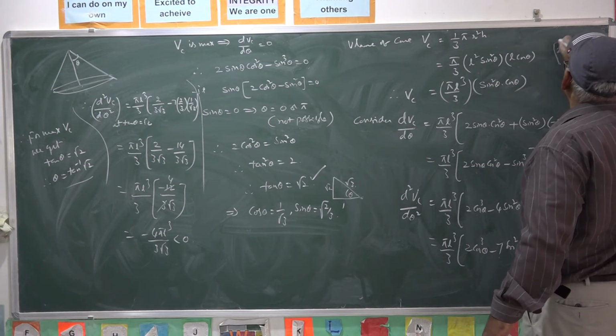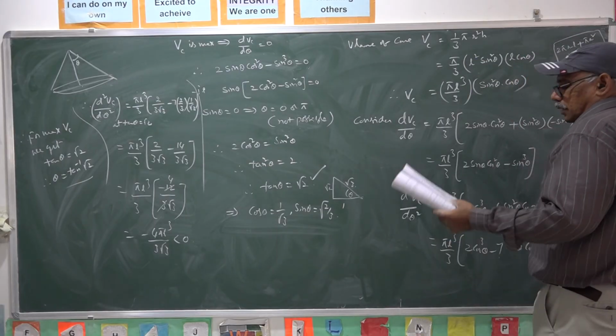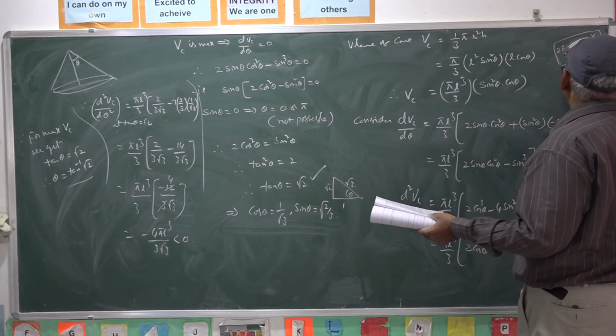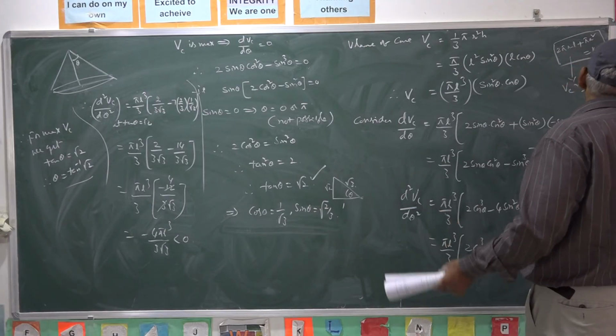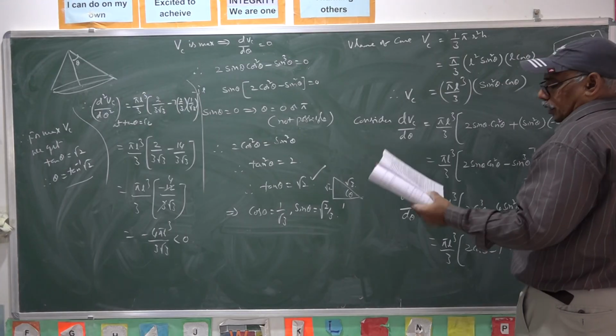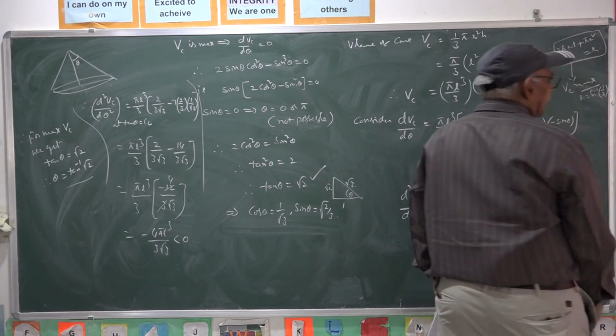This is constant. With the help of this, you have to maximize the volume of the cone. In such a case, theta should be observed as sin inverse 1 by 3.